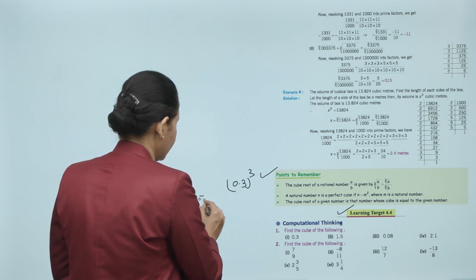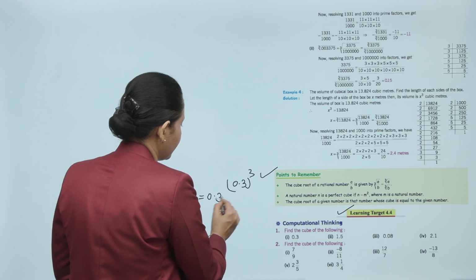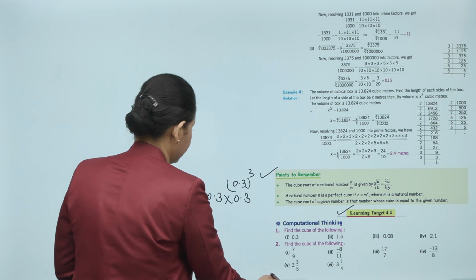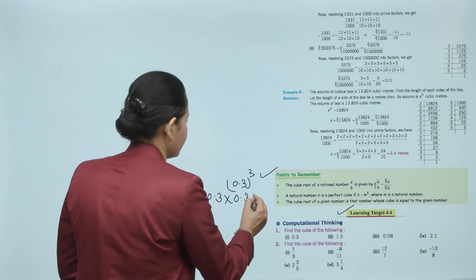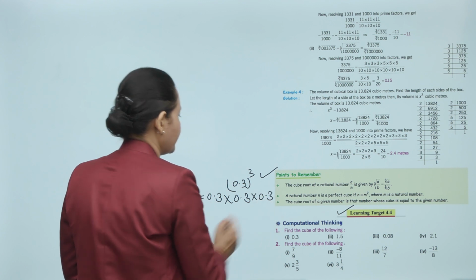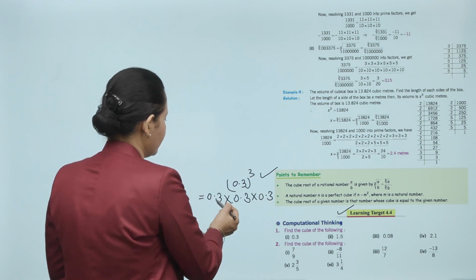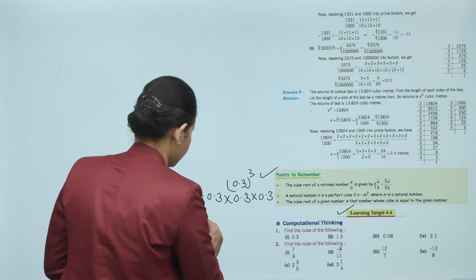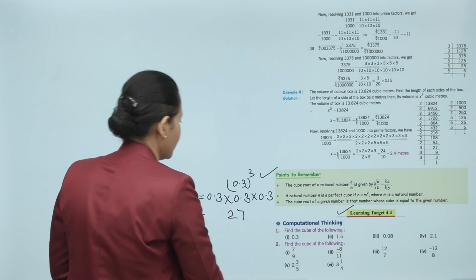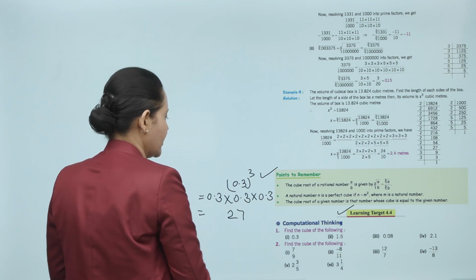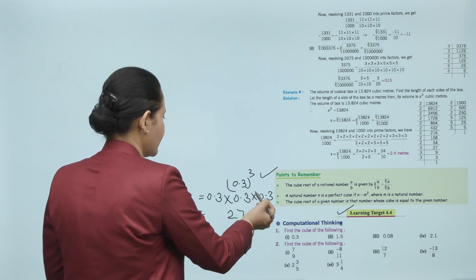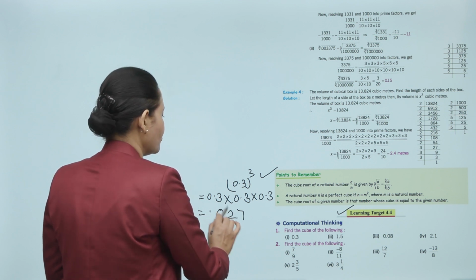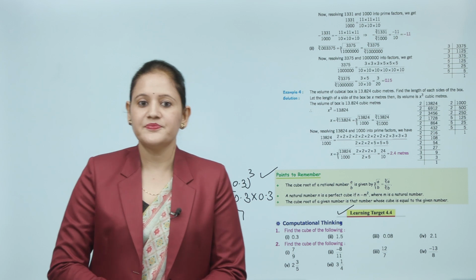That means 0.3 multiplied by 0.3 multiplied by 0.3. 3 3s are 9, 9 3s are 27. Now 1, 2, 3: after 3 there is a decimal, that means three places to the right. So this will be 0.027. Clear?